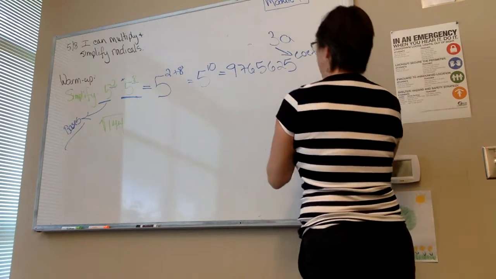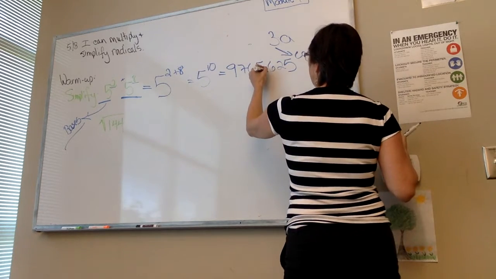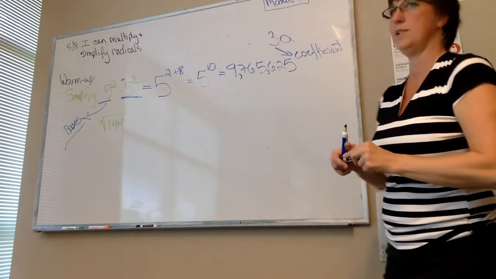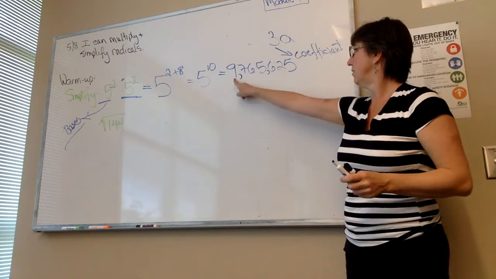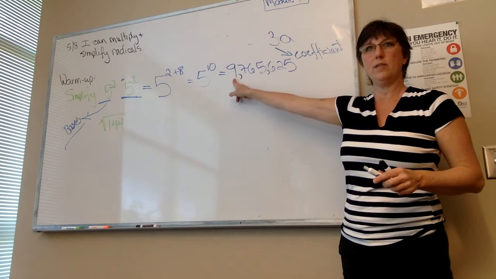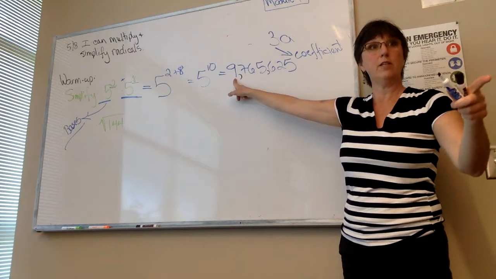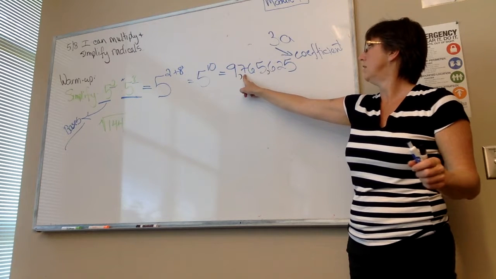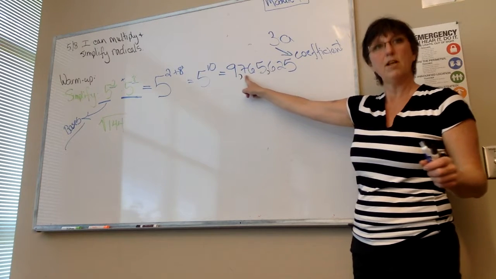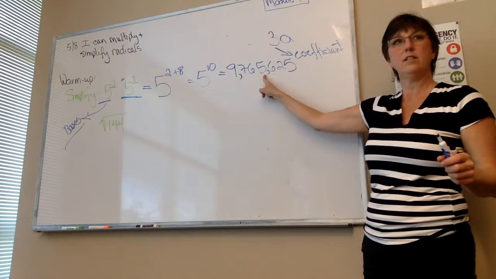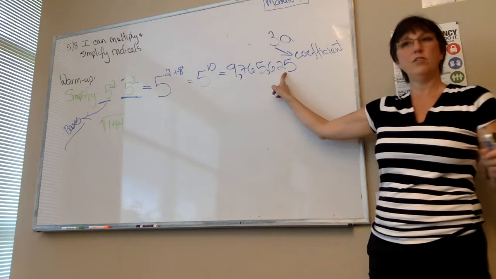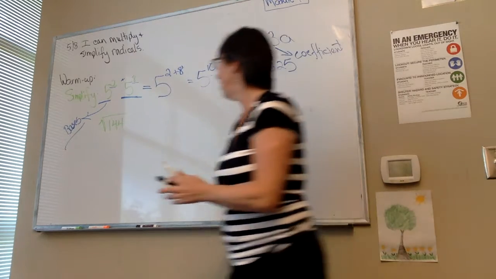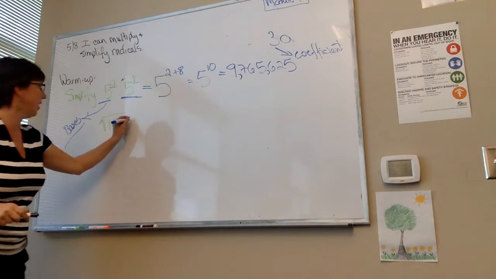All right. So I'm going to add some commas. How do we say this in math language? What spot is this number in? The millionth. So this is 9 million, 765,000, 625. Nice.